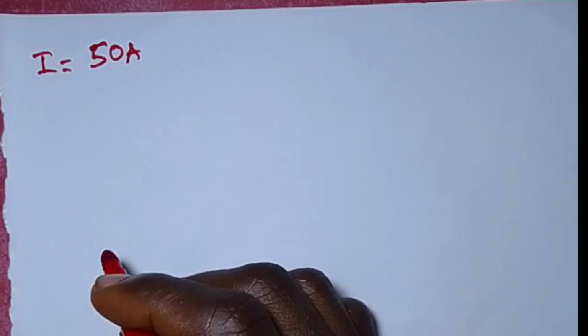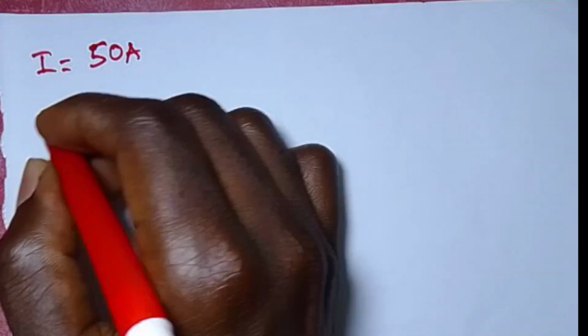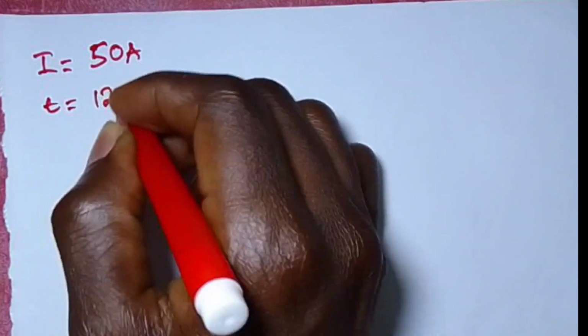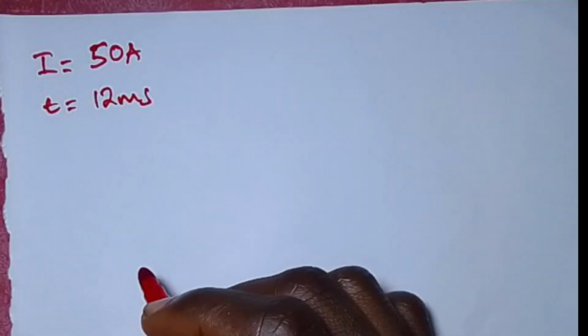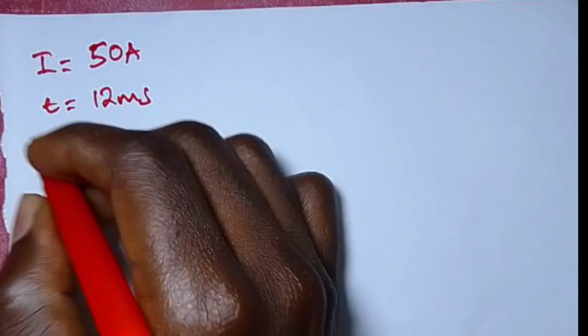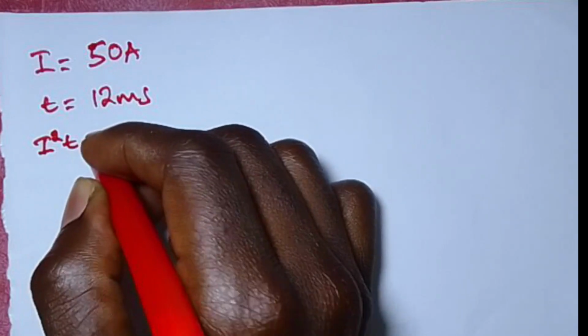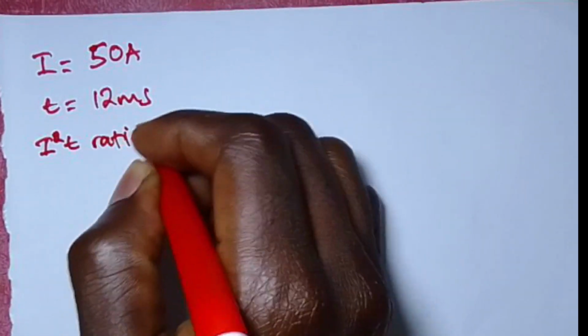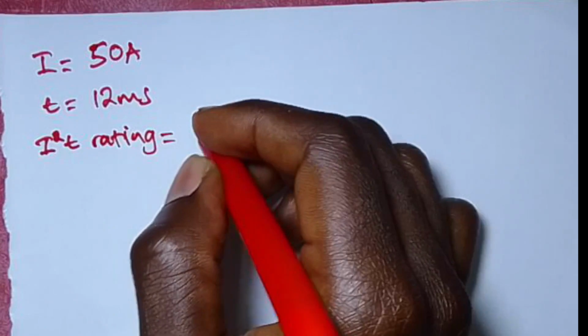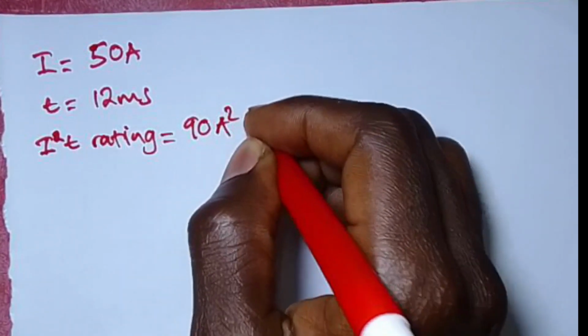And they're saying it is subjected to a surge that lasts for time equal to 12 milliseconds. They want us to determine whether or not this will be destroyed given that our I squared t rating is equal to 90 amps squared per second.